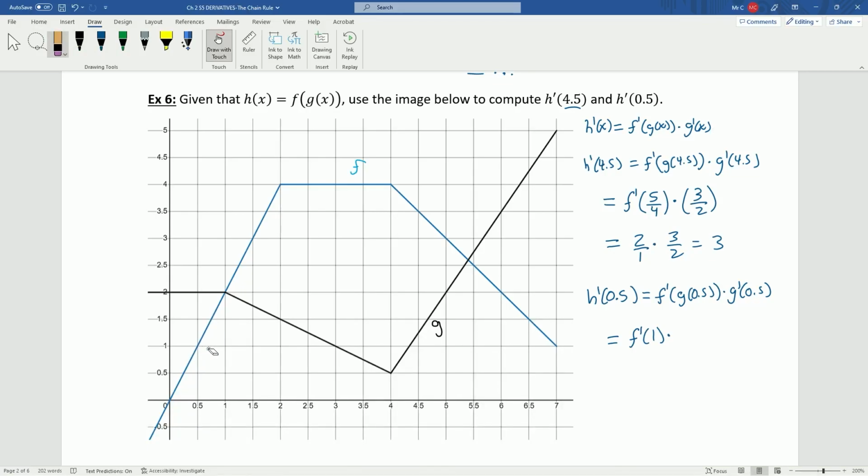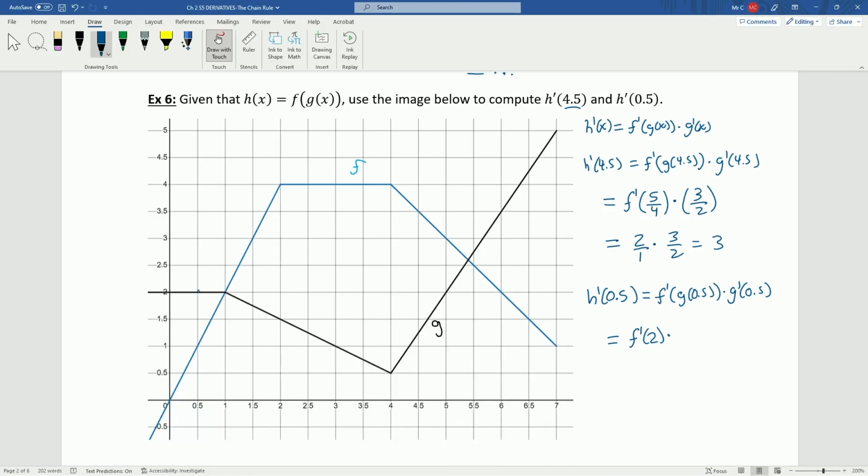Oh, I was looking at the wrong function there. I better make sure I was looking at the right function before. g of 4.5, yeah, that should be 5/4. f prime of 5/4, yeah, I was looking at the right thing there. Okay. That should not be 1. g of 0.5, g is the black graph. That's 2. So that should be f prime of 2 times g prime of 0.5.